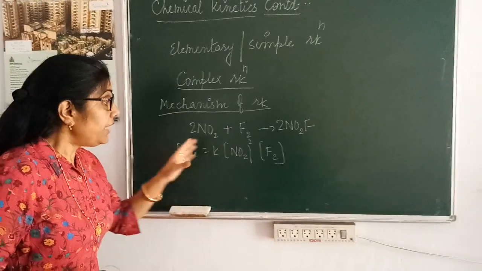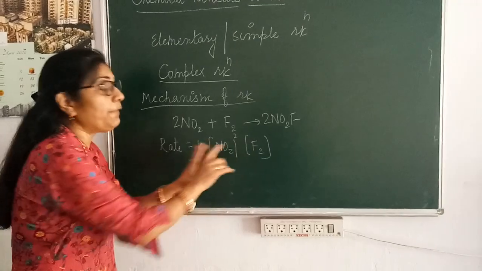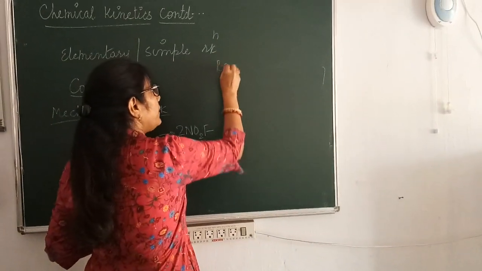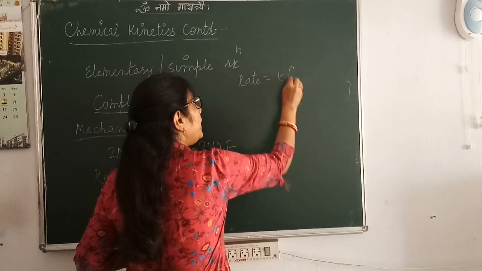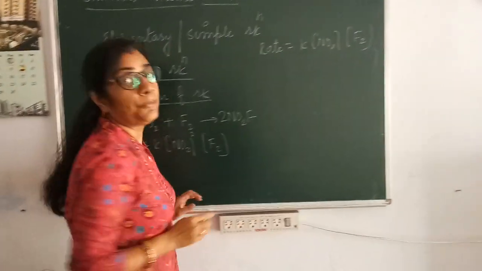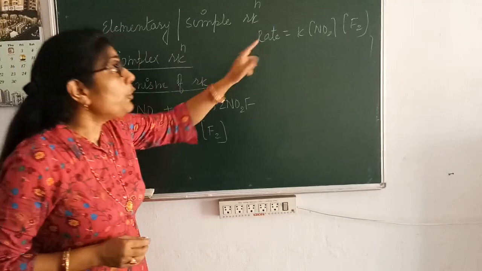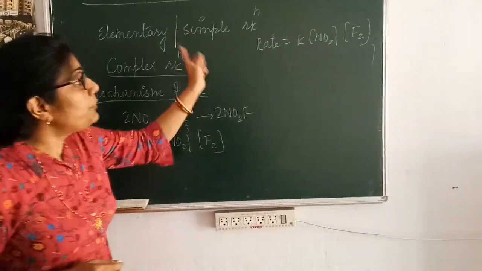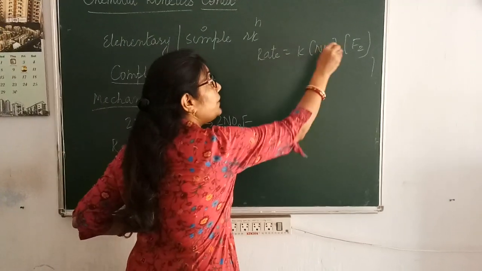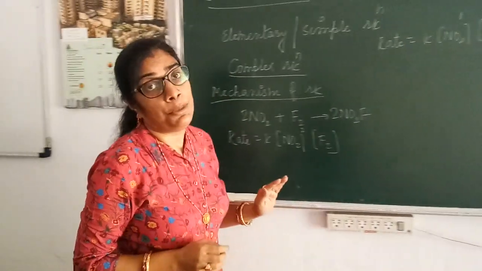In that way, the reaction should have been third order because of NO2 square and F2 to the power 1. But experimental results say that in this case, rate is equal to K into NO2 into F2. How does it happen? This is the rate law expression, derived experimentally, and the reaction will be second order because NO2 to the power 1 as well as F2 to the power 1.